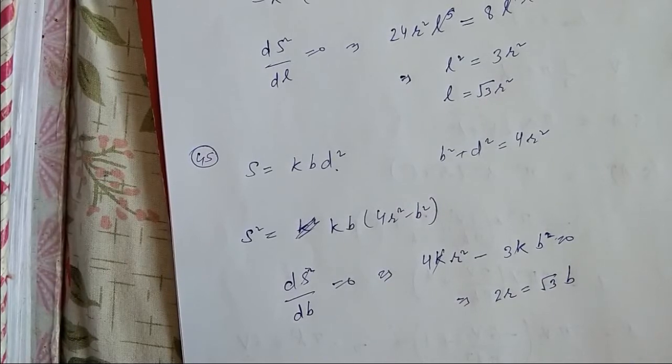Moving on to the next question, question number 46. To run a motor for 1 hour, the petrol varies as the cube of its velocity.